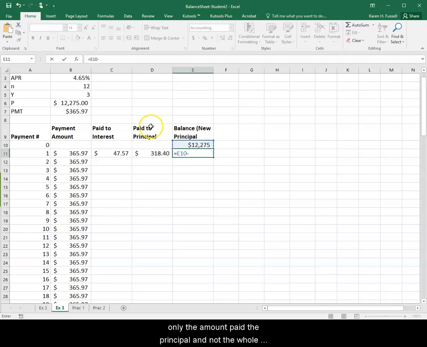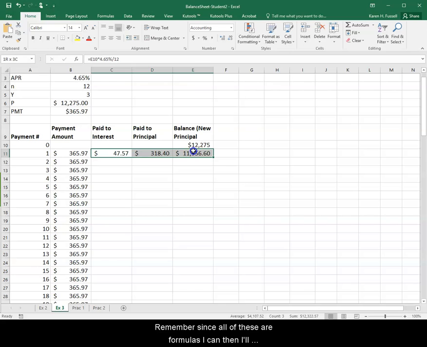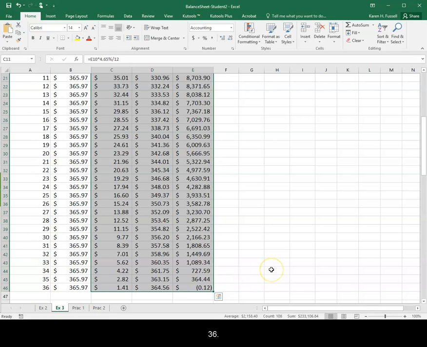Remember, only the amount paid to principal, not the whole payment, so only that $318.40. So D11, and hit enter. So our new balance after 1 month would be $11,956.60. Remember, since all of these are formulas, I'll copy them all down at the same time, all the way down to month 36.